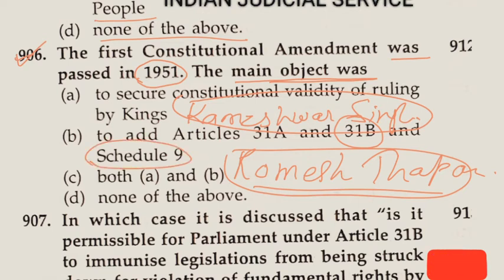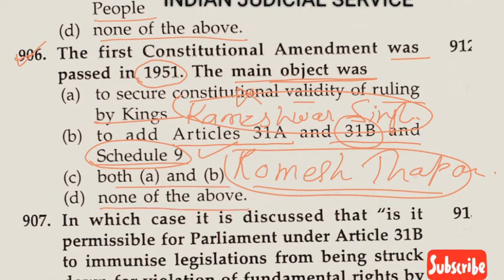So option A, to secure the constitutional validity of ruling by king, is wrong. Option B, to add Article 31A and 31B and Schedule 9, yes, it may be. Option C, both A and B, and option D, none of the above. So the most possible answer is option B.